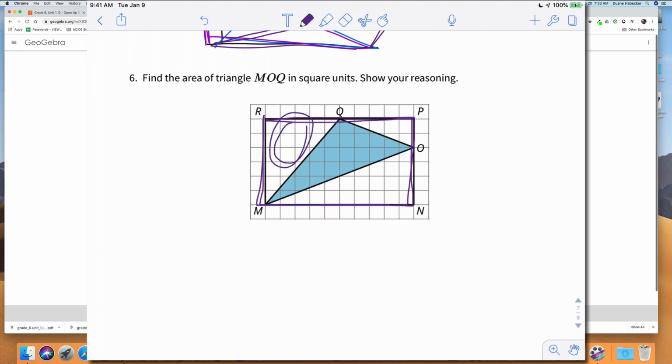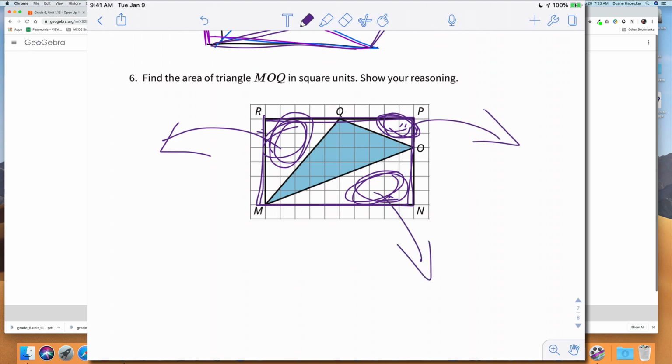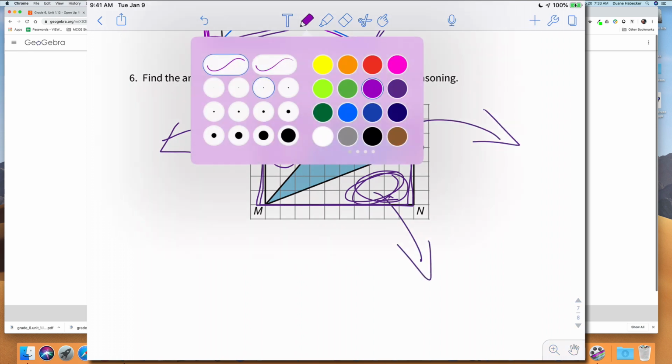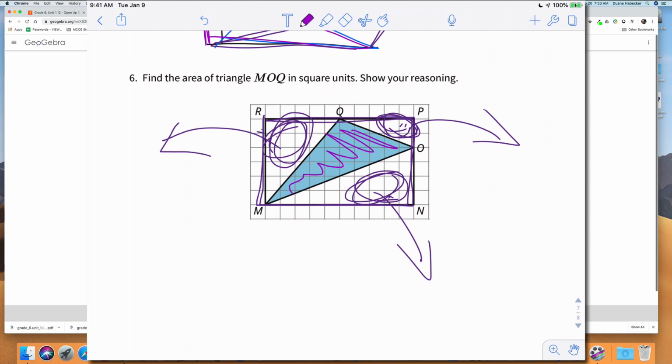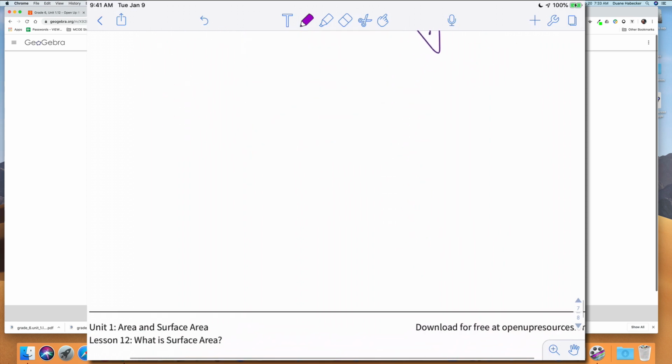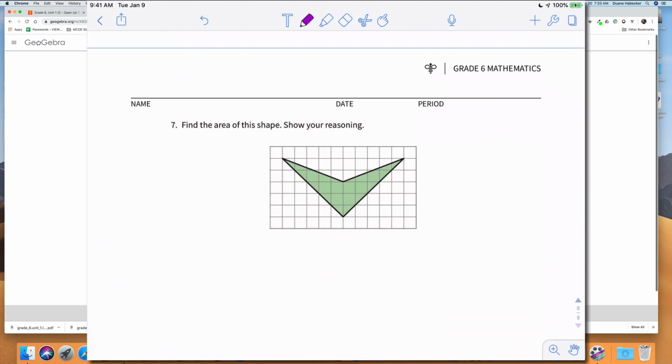And then it creates 3 simple triangles that you can find the area of and subtract those from your rectangle. And what's left will be the triangle MOQ. So you're going to find the area of MOQ by not finding the area of MOQ. You're going to find the area of the rectangle. You're going to find the area of these 3 triangles and subtract. Boy, that's beautiful. That's a good problem.